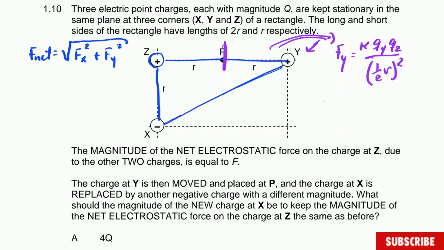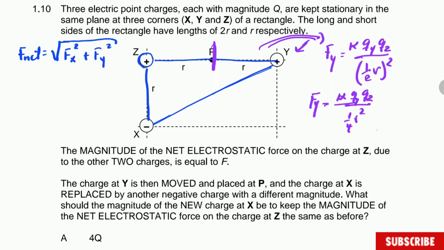Okay, so when you solve this one, guys, we did questions like this one before. To solve this is k qy qz divided by a quarter of r squared. When you solve this one, you get that the force due to Y is going to be 4 times greater than before.